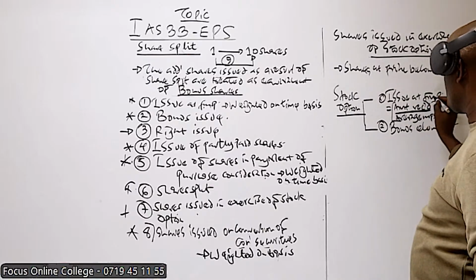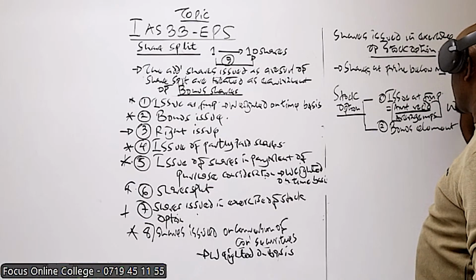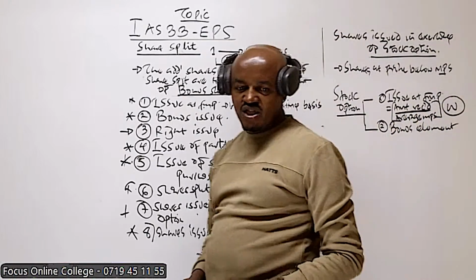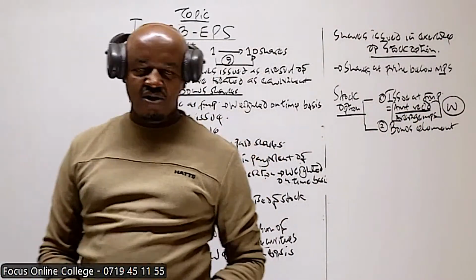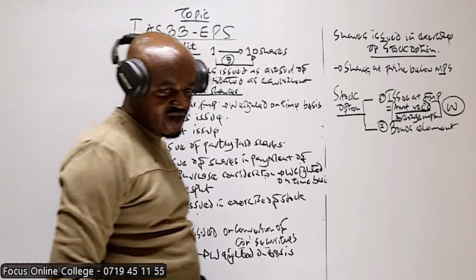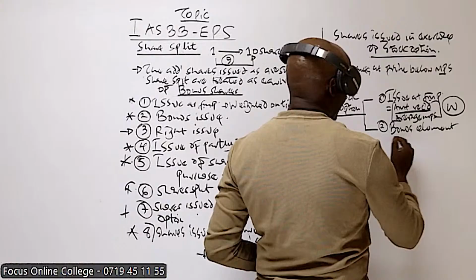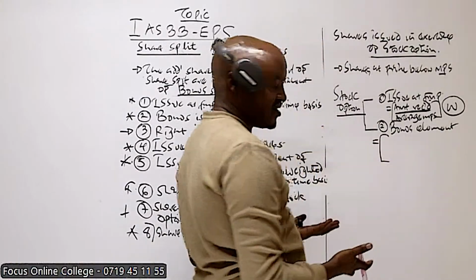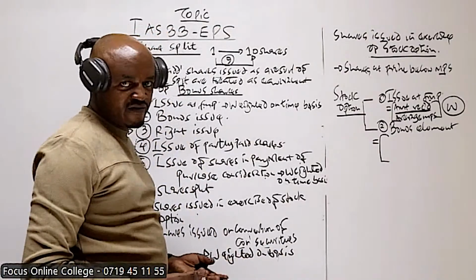Because these shares are issued at full market price, remember our rule: all shares issued at full market price, we have to weight them on time basis. We multiply them by the proportion of time they were held. Then from there, we determine the bonus element, the shares deemed to be issued free of charge.